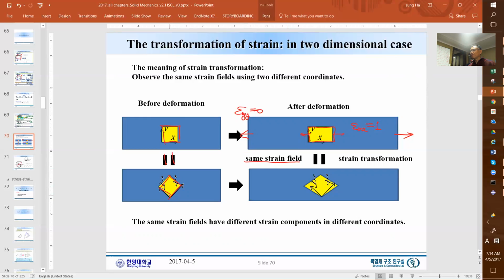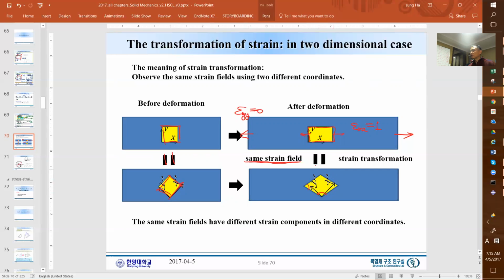What do we mean by a different coordinate? We draw a rectangle like this in the coordinate system x prime and y prime, and the same strain field, but you can see that this rectangle would deform in a different form. We can see that this angle or this angle has changed.